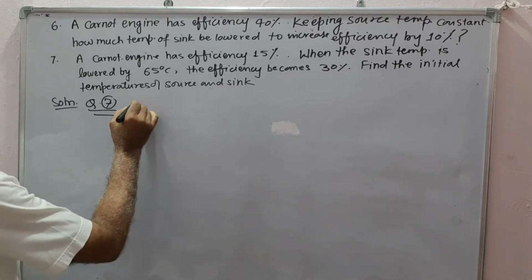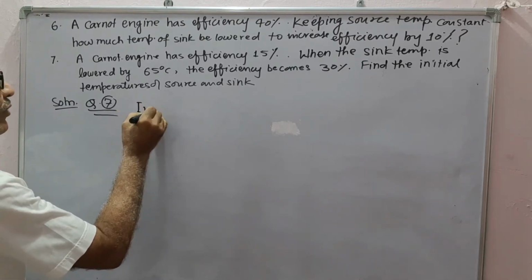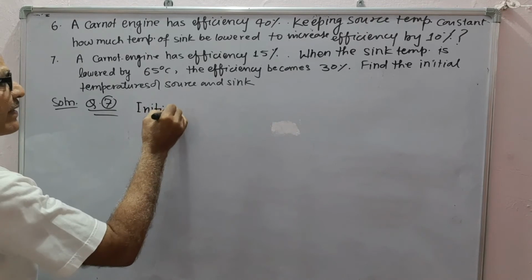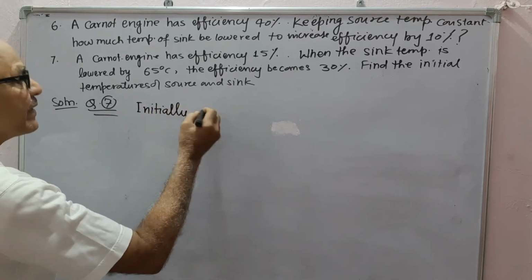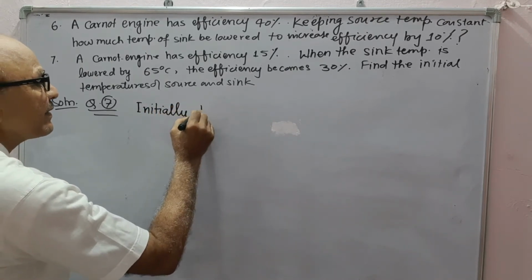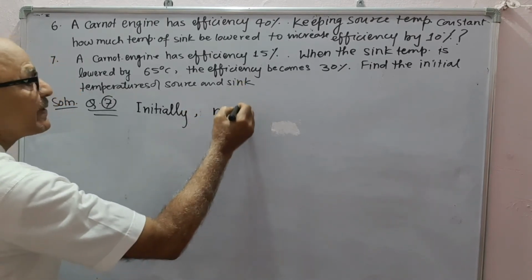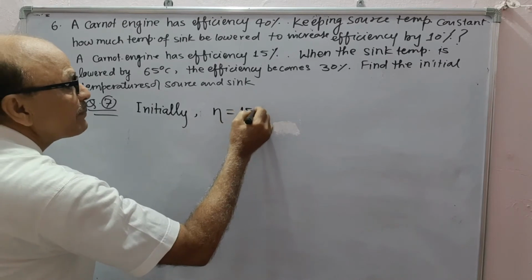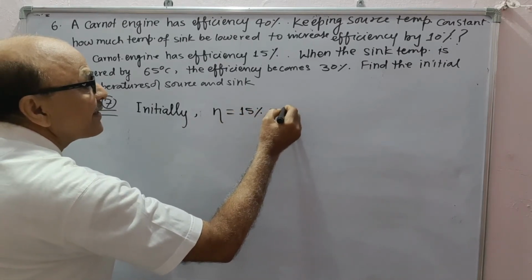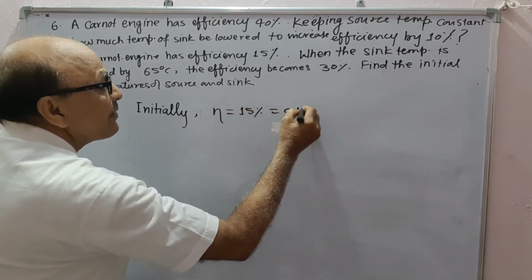Here, initially, when temperatures of source and sink are T1 and T2 respectively, efficiency eta is 15%. 15% means 15 upon 100, which is 0.15.